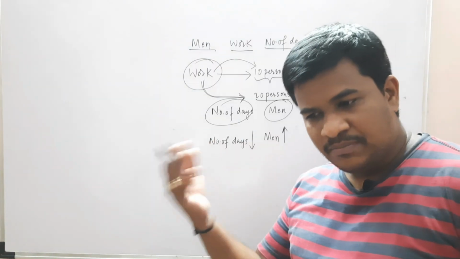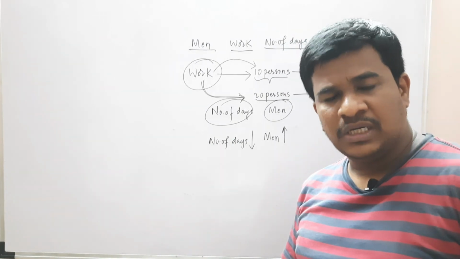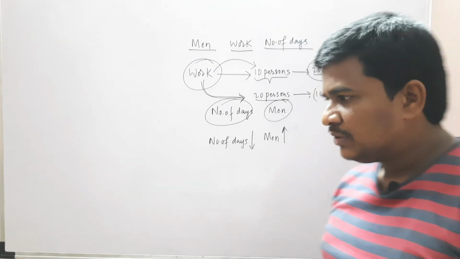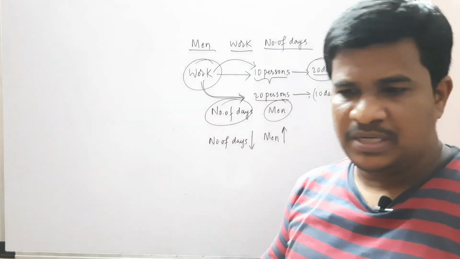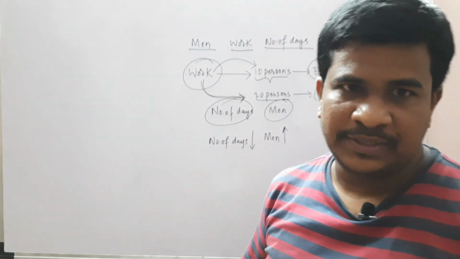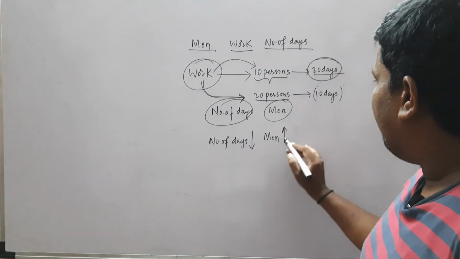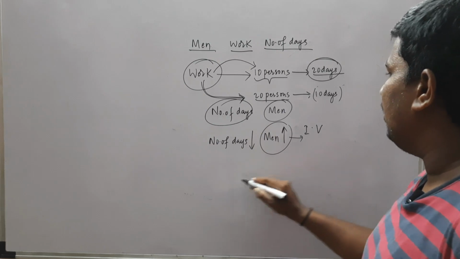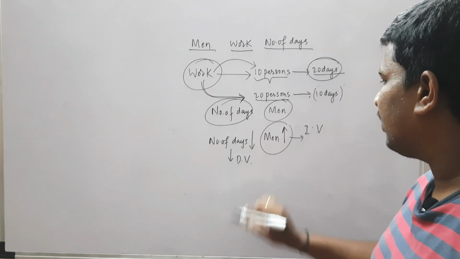Whether 10 persons are going to do the work, or 20 persons, or 40 persons, is independent. So number of men is the independent variable. The number of days in which the work is completed will be the dependent variable.